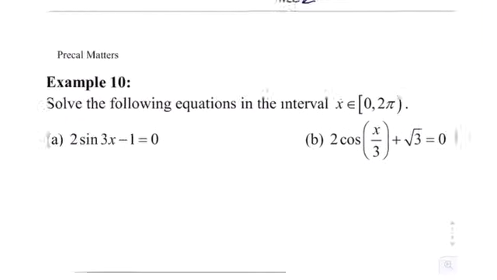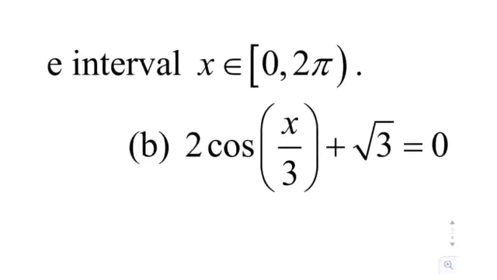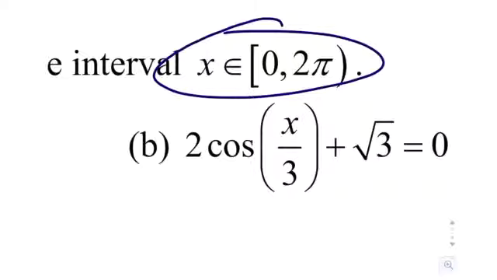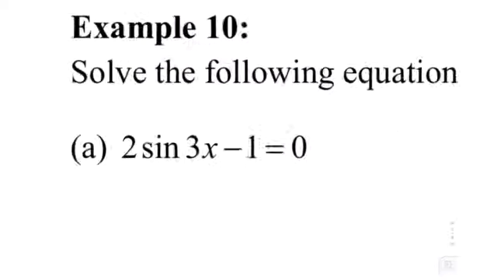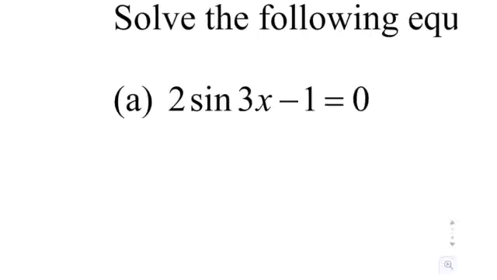Example 10. Solve the following equations in the interval from 0 to 2 pi. Okay. This time we read the instructions first. So we're going to be in our wheelhouse, in our comfort zone. Y'all talk me through this one. Step 1 is what? Read it, okay?